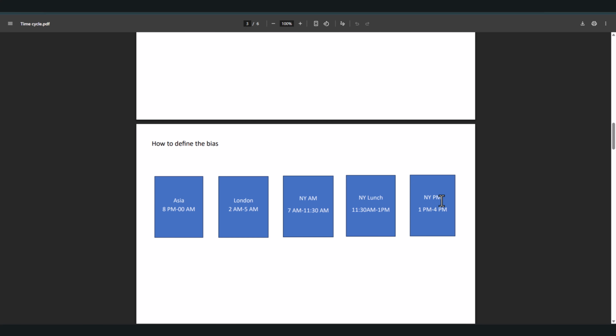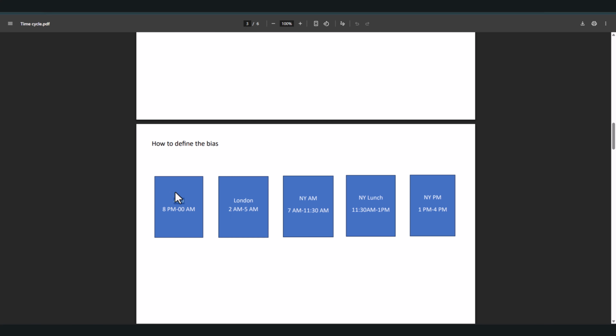If New York PM sweeps one of these sessions high or low, based on that, your New York PM bias will be determined. Suppose New York PM sweeps New York lunch or New York AM or London high, then your bias becomes sell. Same for buy. So these are the rules to determine the sessions bias basically.